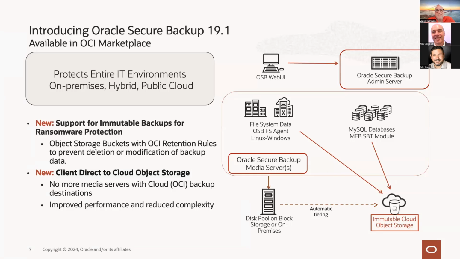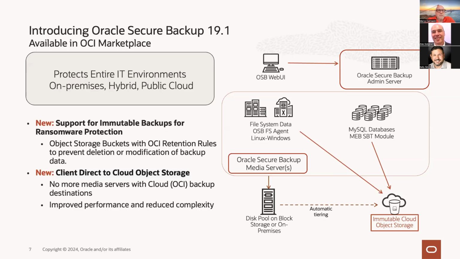No one can delete or overwrite or alter or maliciously encrypt those backups, which, by the way, are already encrypted. So even if someone gets access to the bucket and downloads the content of the bucket, they will not be able to do a restore. But more important than that is that they cannot be deleted or altered in any way. So that's the first one.